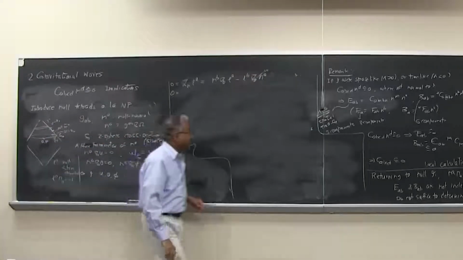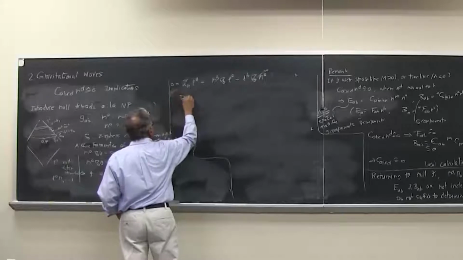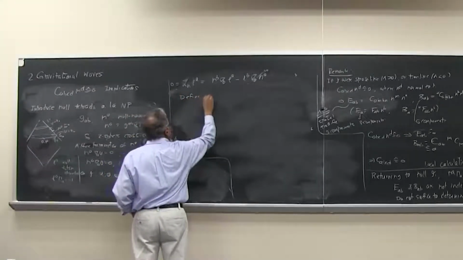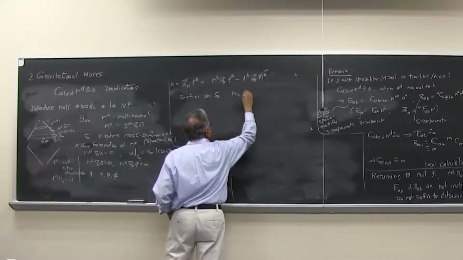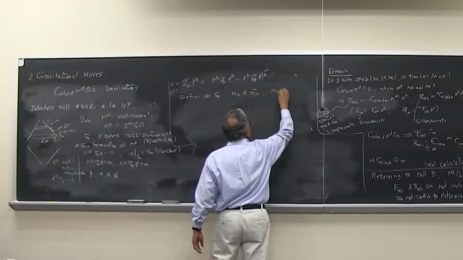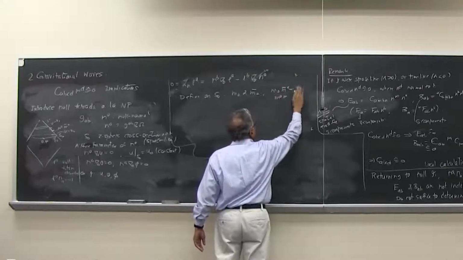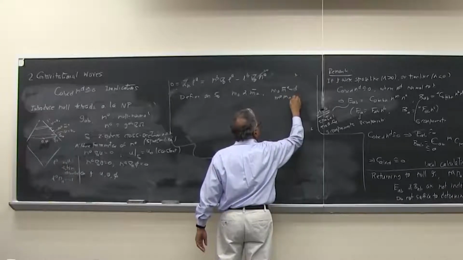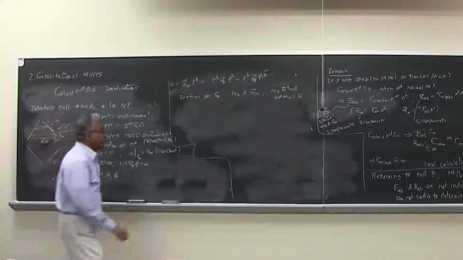So I just take them, and so again I define on S_0 vectors m^A and m̄^A, which are complex, but they satisfy the null condition and m·m̄ equal to 1, that's what we had before.